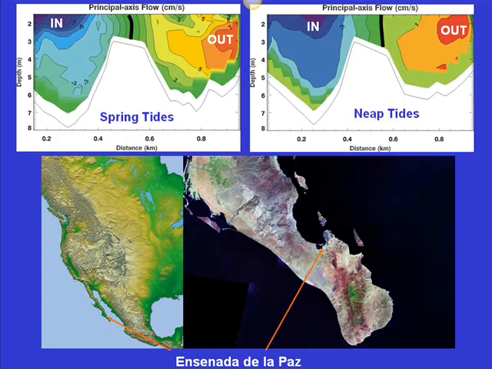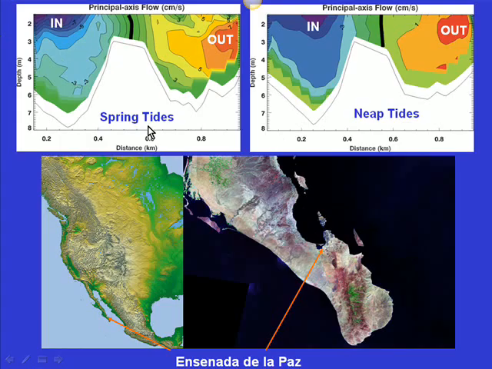Now we go to the Baja California Peninsula here in Mexico, and then we go to the Gulf of California side, close to the southern tip. You have this bay that's called the Bay of La Paz, and then this lagoon that's called Ensenada de La Paz. You see the lagoon there? Now we're looking at results of net flows looking into the lagoon, from this bay into the lagoon.